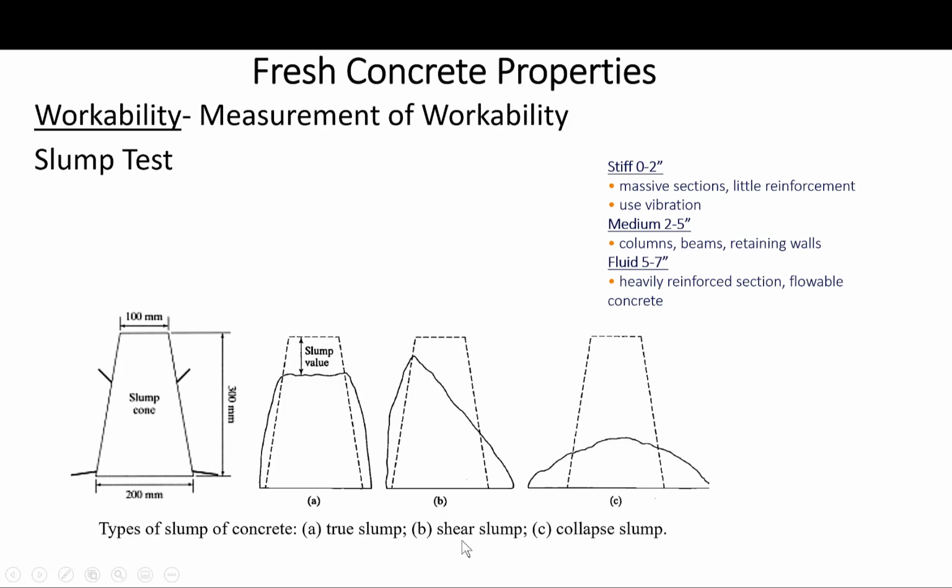This one often indicates lack of cohesion. It tends to occur in harsh mixes or in mixes prone to segregation. The shear slump also may indicate that the concrete is not suitable for placement. So when you get shear slump, flags should go up.